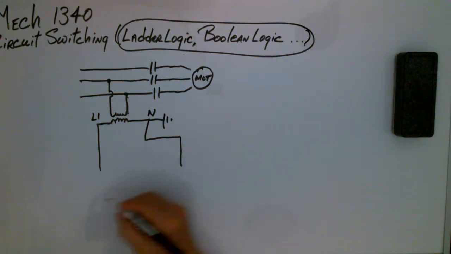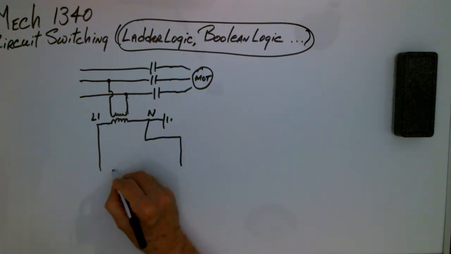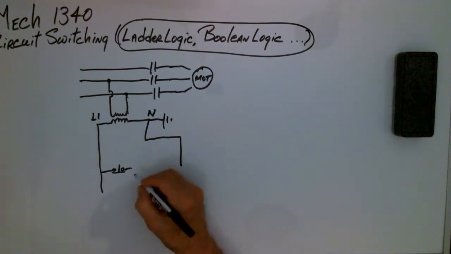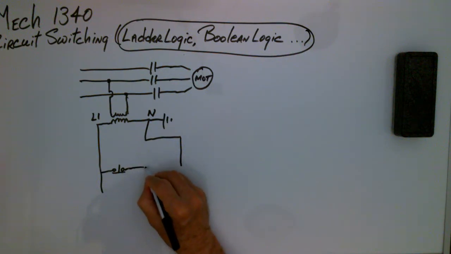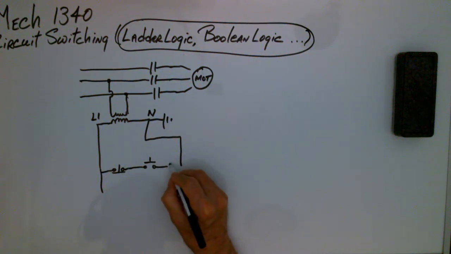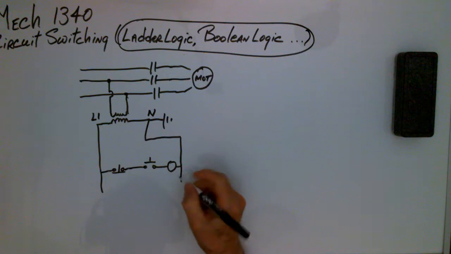And what I'll have is a normally closed push button. And then I'll have a normally open push button. And I will have the coil of a relay right here.